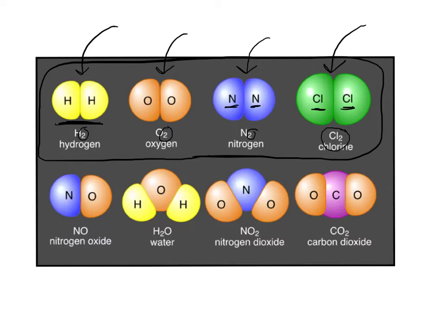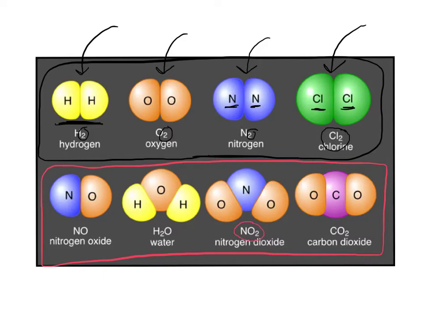Now down below, we have examples of compounds. Compounds are two or more different types of atoms bonded together in a specific ratio. Now the ratio is indicated by the chemical formula, and I circled the chemical formulas here, and we look at the numbers that are subscripts.